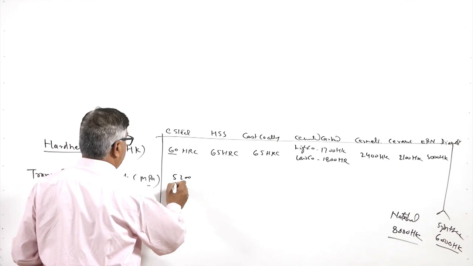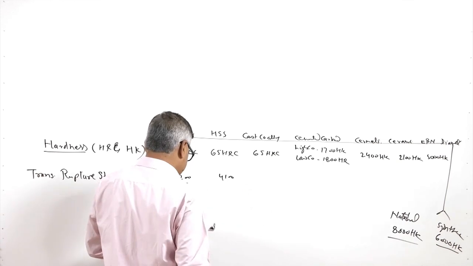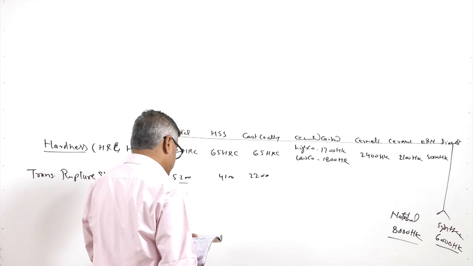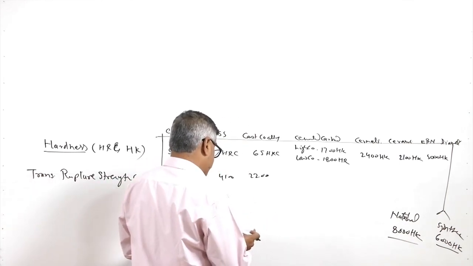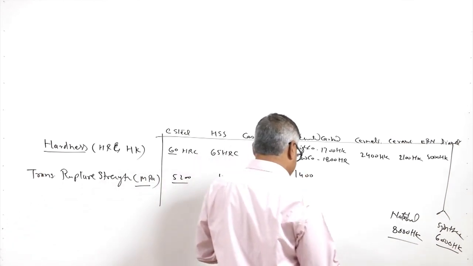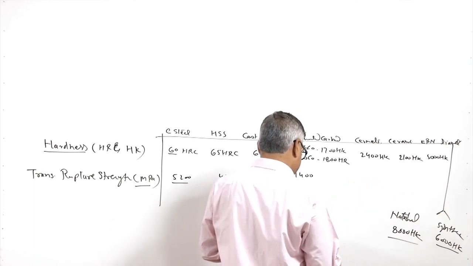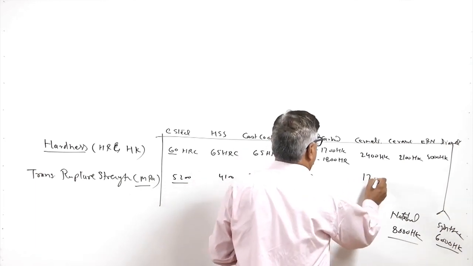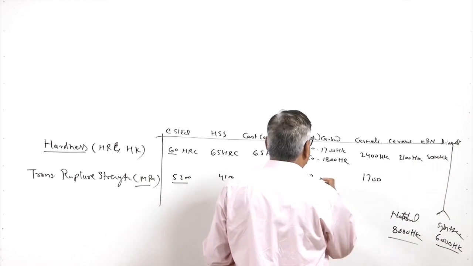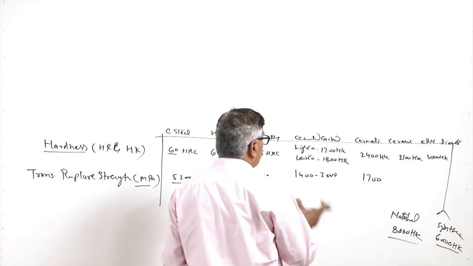It is 5200 MPa for the carbon steel, then 4100 MPa for high speed steel, 2200 for the cast cobalt alloys, and then for cemented carbide it is 1400 to 2000 MPa depending upon the cobalt content.